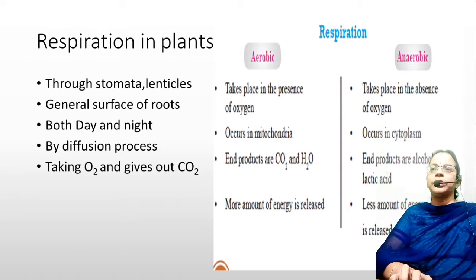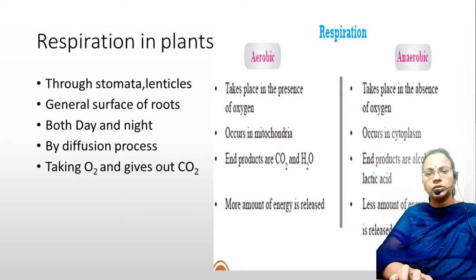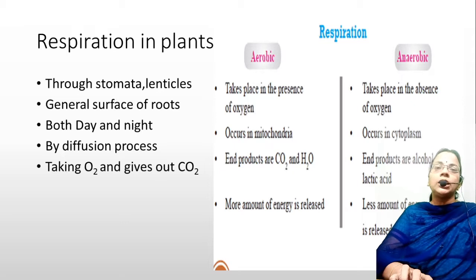Then the third point: the end products of aerobic respiration are carbon dioxide, water and more energy. Within brackets, if you want, you can write 36 or 38 molecules of ATP, adenosine triphosphate, which is the energy currency of the cell. Whereas in anaerobic respiration the end products can be ethyl alcohol if it is yeast, or lactic acid if it is muscle.